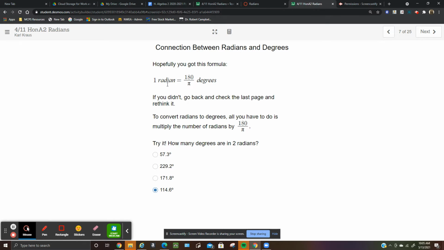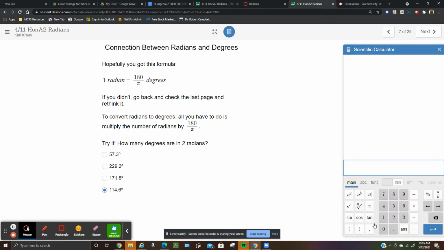Hopefully you got this formula, which we did. How many degrees in 2 radians? So it would be 2 times 180 divided by pi, which is about 114.6.